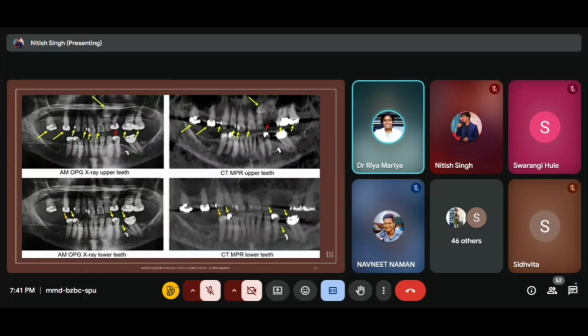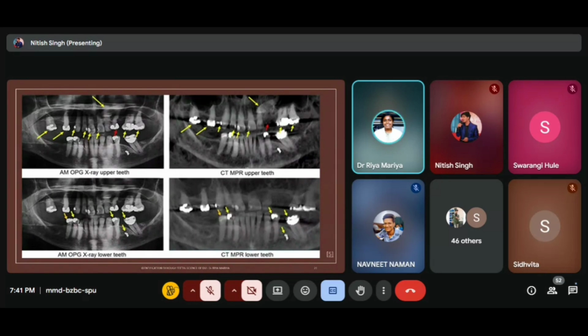So this is the CT MPR of upper teeth. MPR means multiplanar reconstruction. It is CT only. So this is CT and this is the OPG of the same. So we have to find whether it belongs to the same person or not.